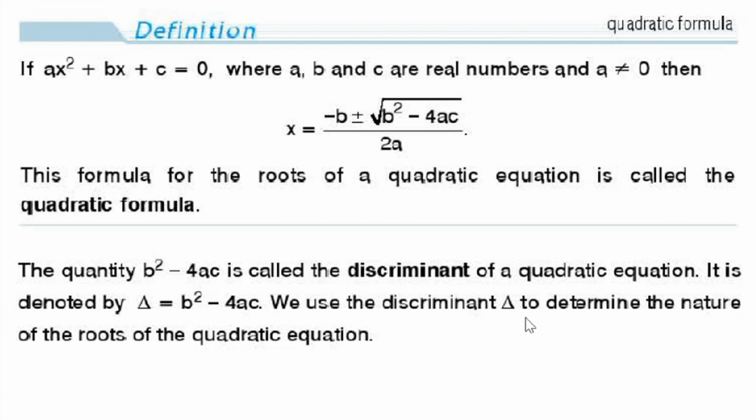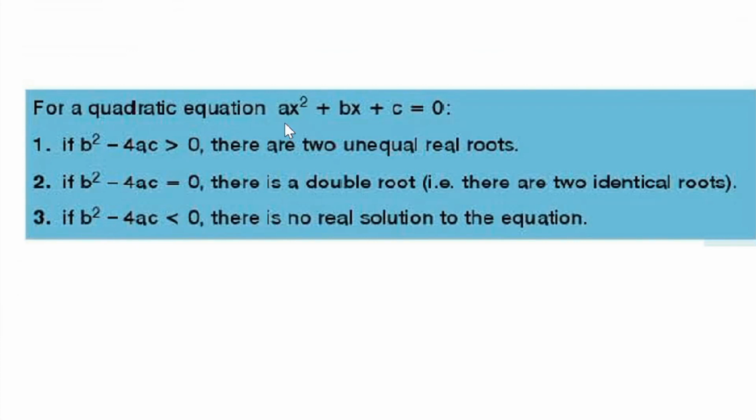We use the discriminant, or the symbol delta, to determine the nature of the roots of quadratic equations. So for a quadratic equation, ax squared plus bx plus c equals 0, if b squared minus 4ac, or the discriminant, or delta in our discussion, is greater than 0, there are two unequal real roots.